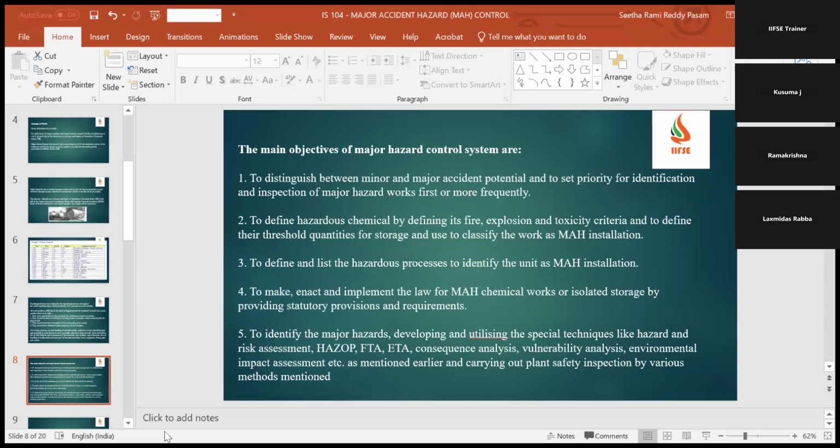Now we'll see some of the main objectives of the major hazard control systems. The main objectives are to distinguish between minor and major accident potential, and to set a priority for identification and inspection of major hazard works, first or more frequent.